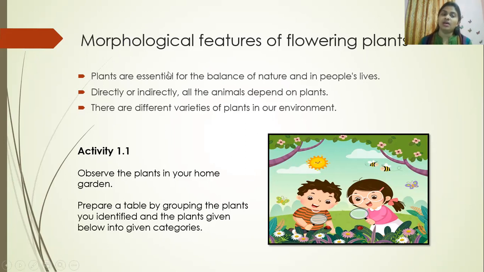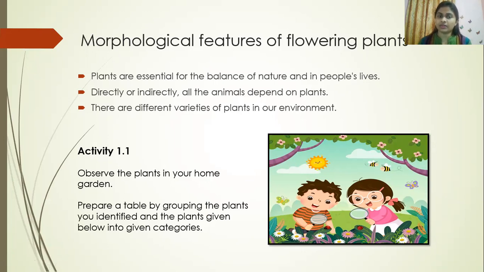Look at the first one. Plants are essential for the balance of nature and in people's life. We got to know that in the previous slide. Then, directly or indirectly, all the animals depend on plants. Some animals directly depend on plants and some indirectly.